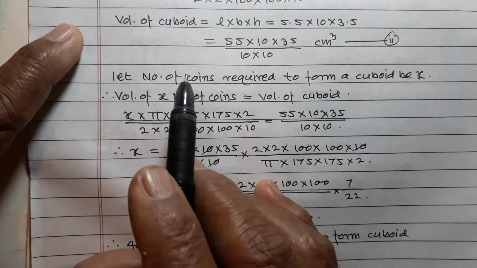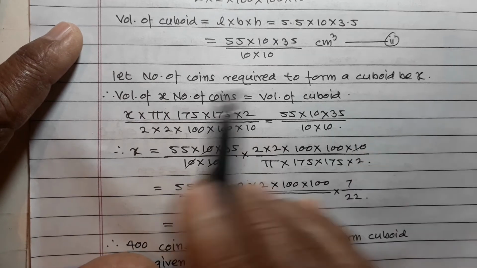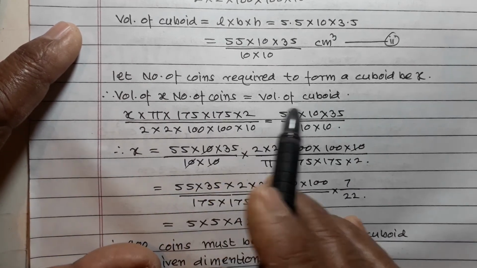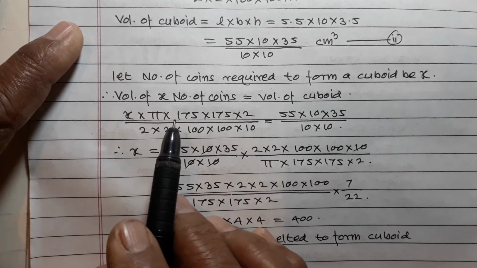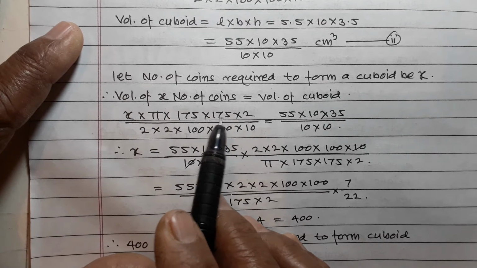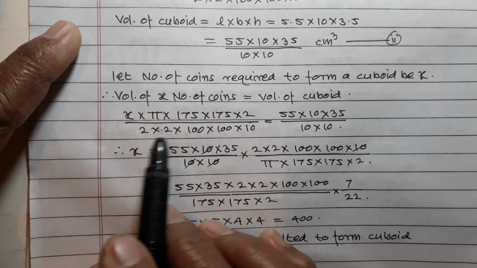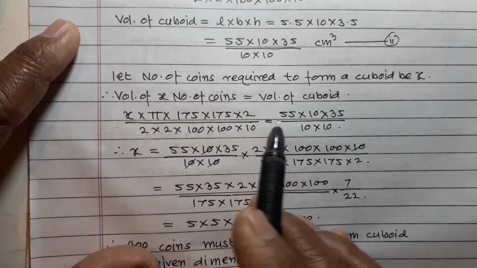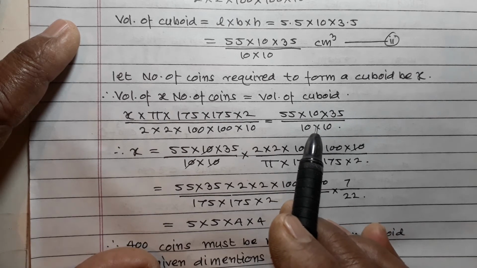Let the number of coins required to form a cuboid be x, then volume of x coins is equal to volume of cuboid, and therefore x into pi into 175 into 175 into 2 upon 2 into 2 into 100 into 100 into 10 is equal to 55 into 10 into 35 upon 10 into 10.